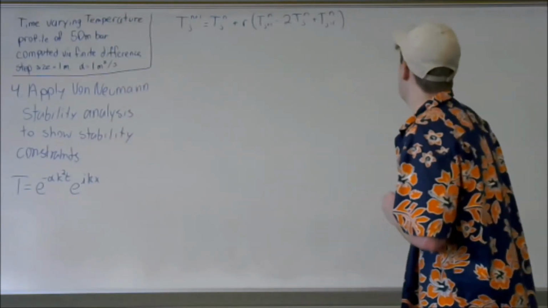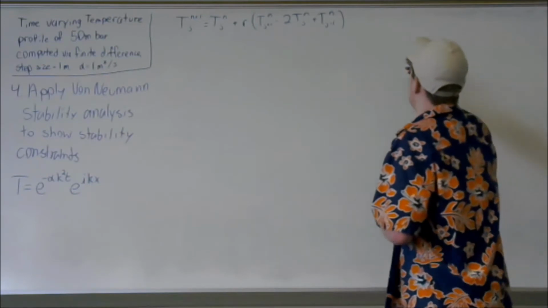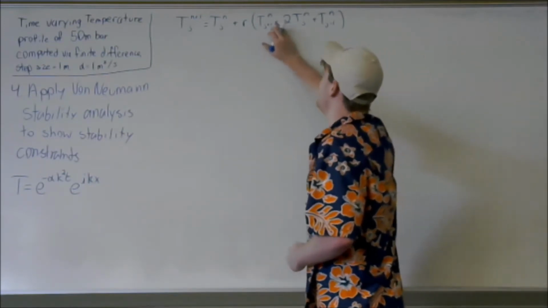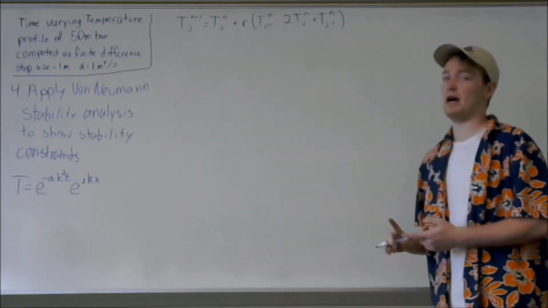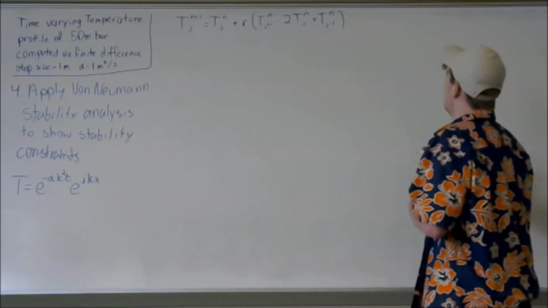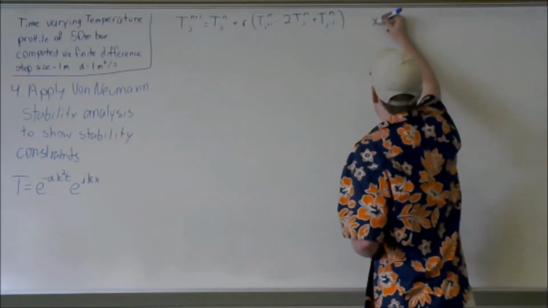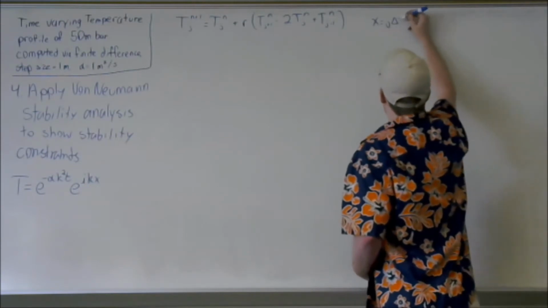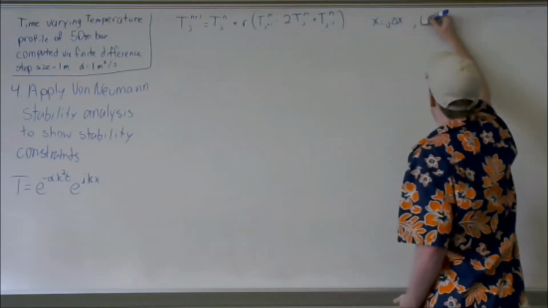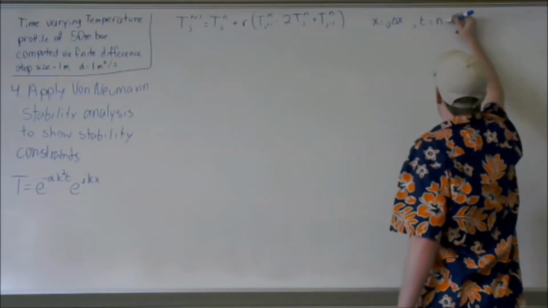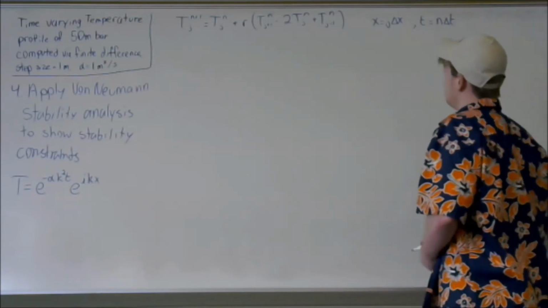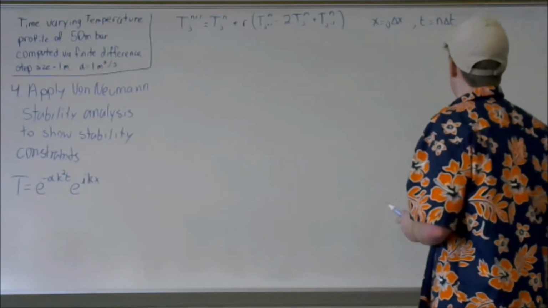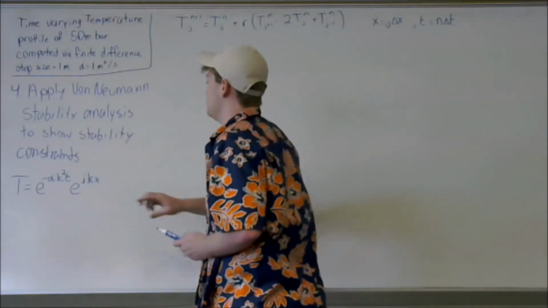So what I want to do next is remind us that our j's and our n's are counters for our position and our time. So what I'm going to say is that our x value is going to equal j delta x, and our t value is going to equal n delta t. Now the reason I do that is so we can rewrite this equation here.